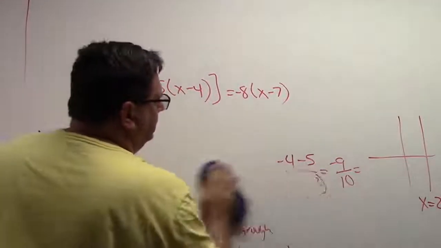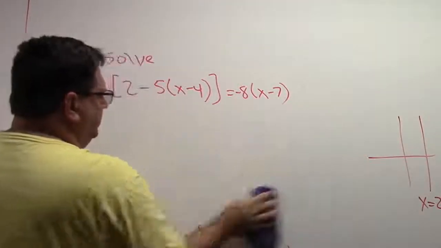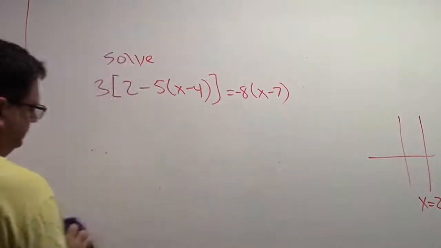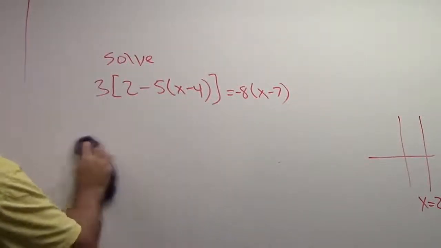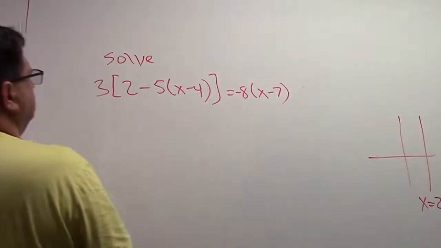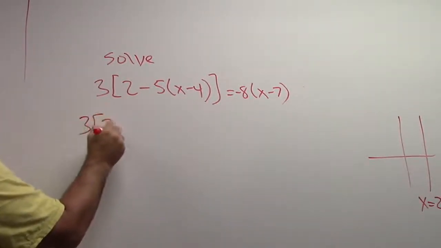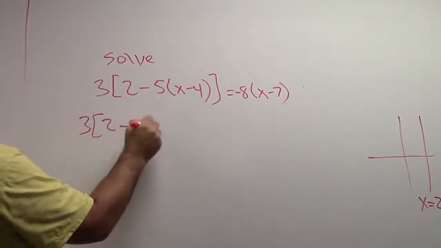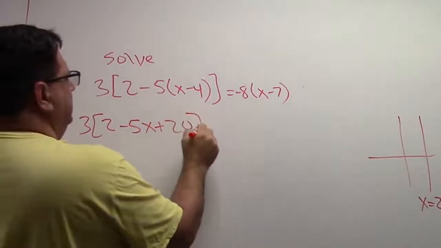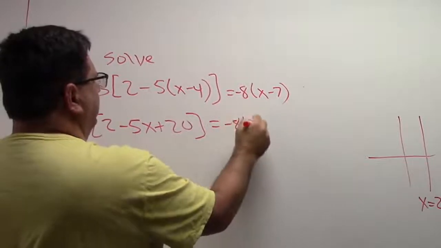All right. Let's clear some space and let's try to do this one now. 3(2 minus 5x) plus 20 equals -8x minus 7.